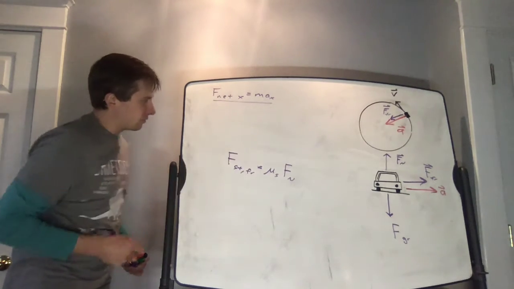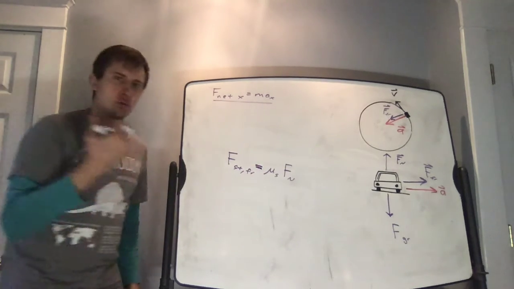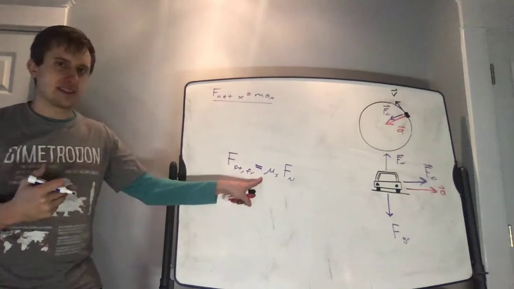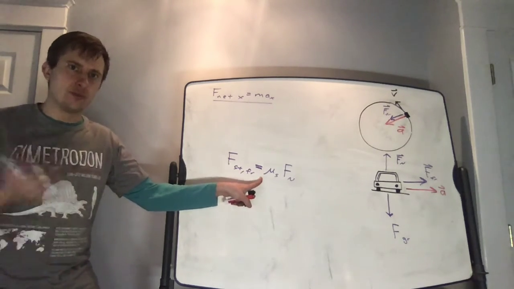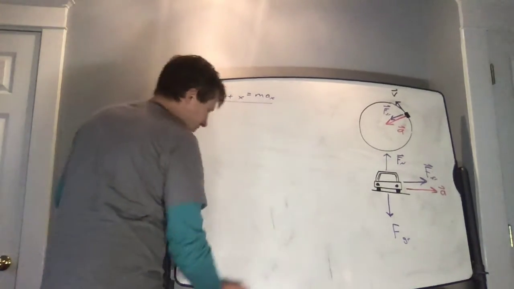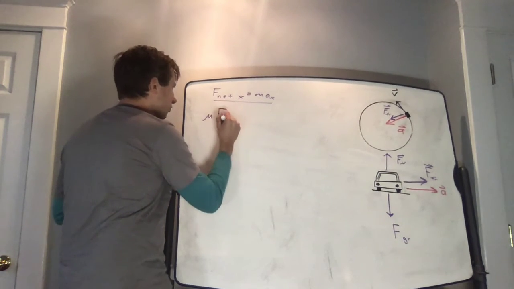So in that case, I want to set static friction to be as big as possible, where the car is barely hanging on and not sliding off the road. I set static friction equal to mu times F normal. So I could write the force of static friction as mu times F normal.